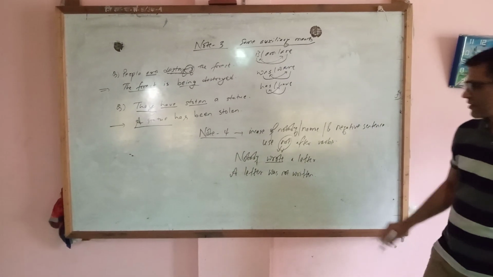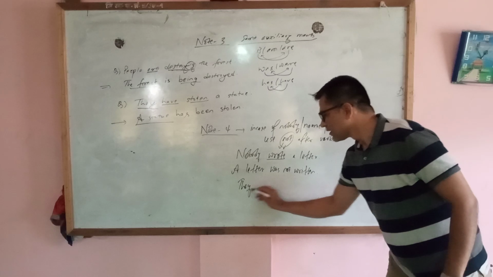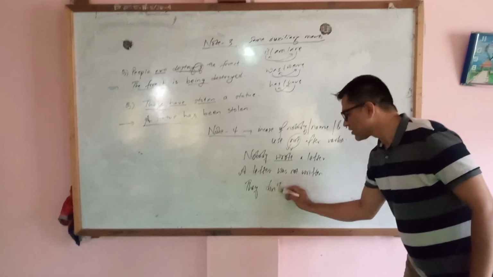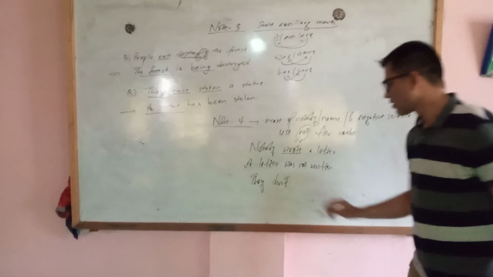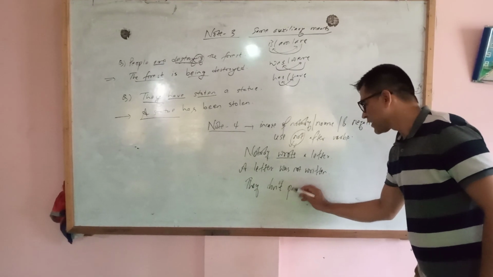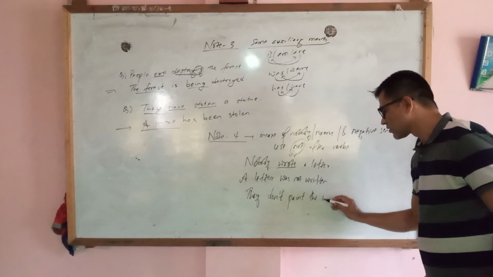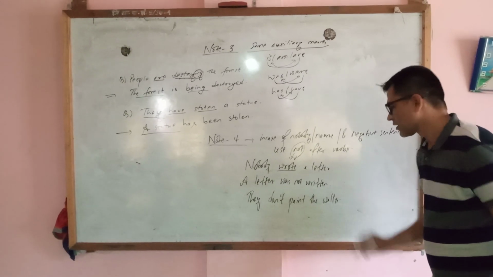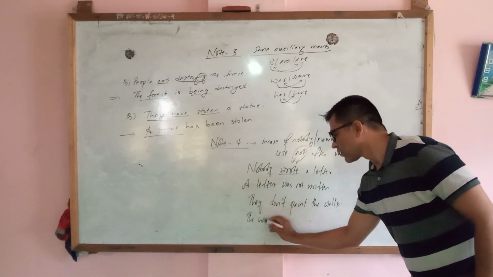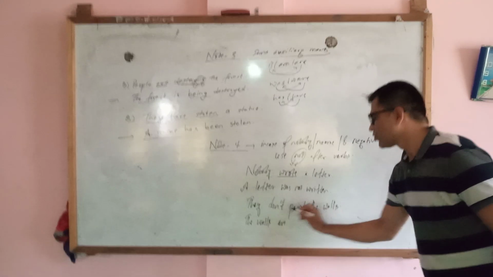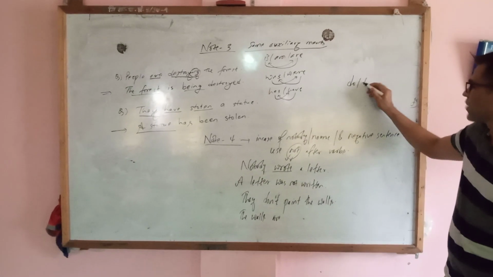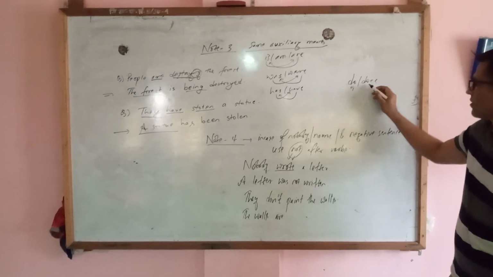Yes, not only that. For example, they don't paint the walls. The answer is, the walls are, look at that, do means V1, V5. Remember, V1, V5.